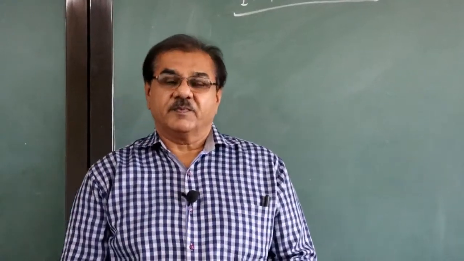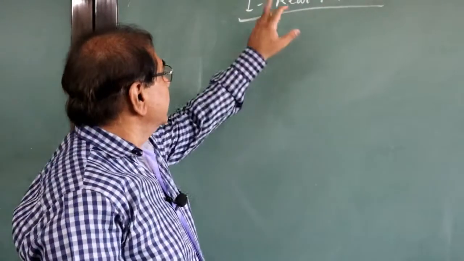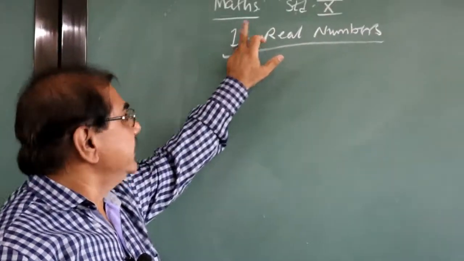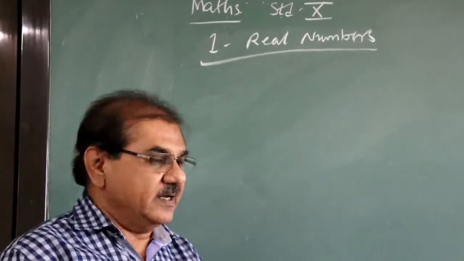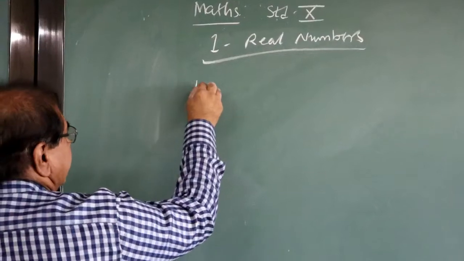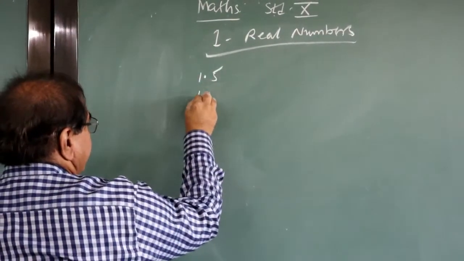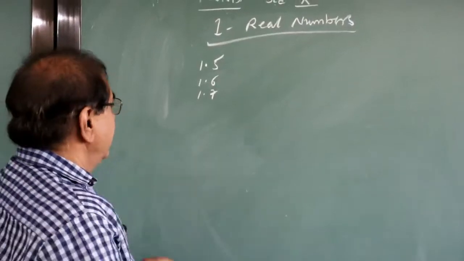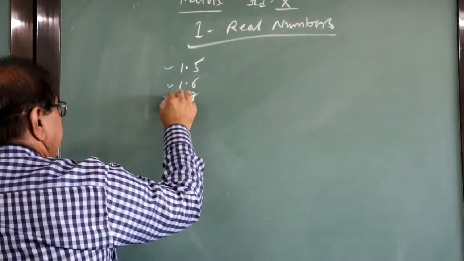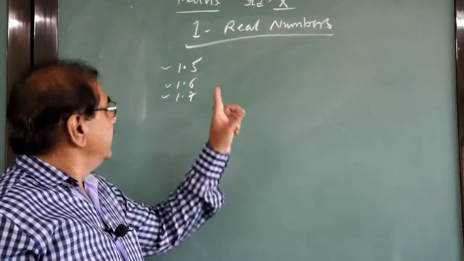Hello friends. In standard 10 maths, in chapter number 1, real numbers. In the last period, we have studied 3 theorems, theorem 1.5, theorem 1.6 and theorem 1.7. What were they? We discussed orally.